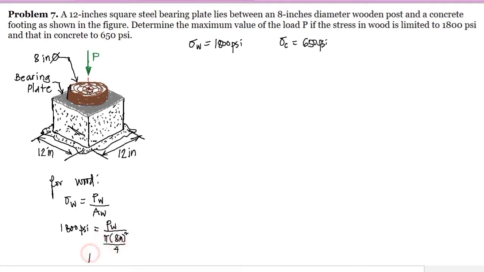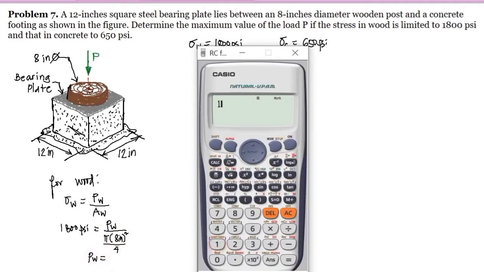So we have here the force in wood is equal to, so using the calculator, we have 1,800 is equal to the force in wood, so palitan natin siya ng x, over the area, that's pi times diameter squared over 4.